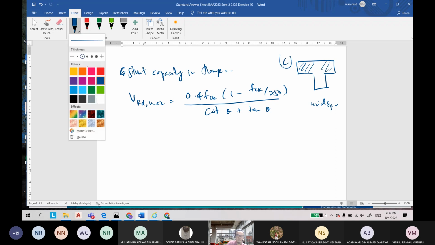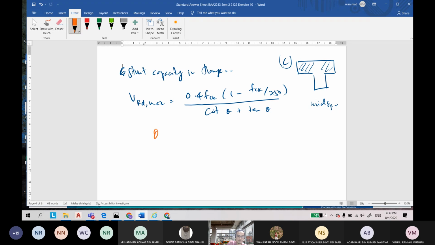For the compression flange, the value of theta is between 26.5 and 45 degrees.